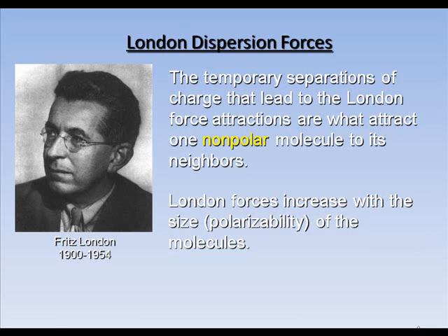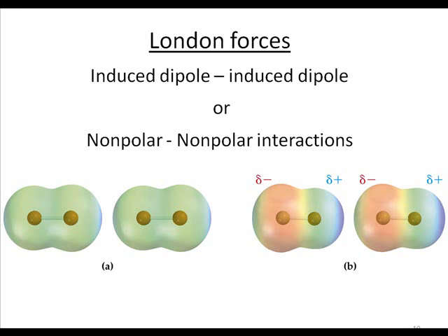We have only 4 or 5 couples dancing, and then you have a dance floor of several hundred. When you have several hundred on the dance floor, you're more likely to get pockets of concentration on the dance floor, and that momentary concentration would be a momentary polarity to that molecule and could create an attraction. So the larger the molecule, the greater the London forces are.